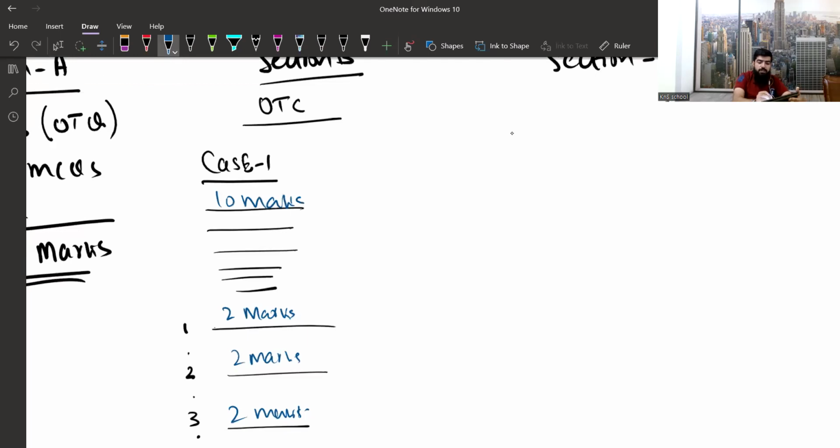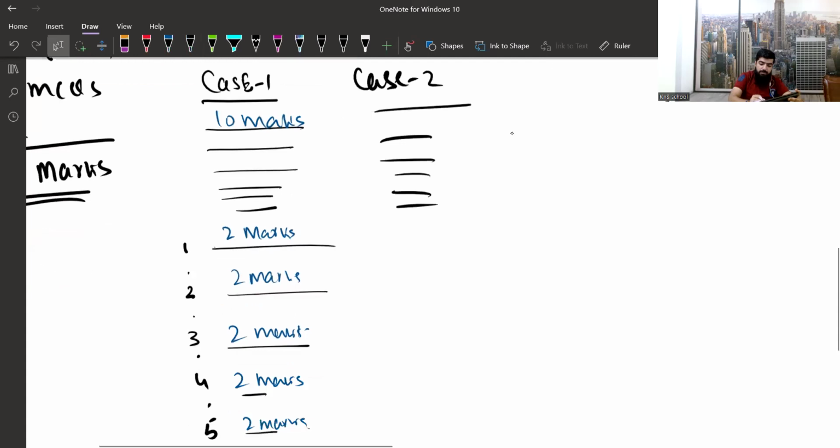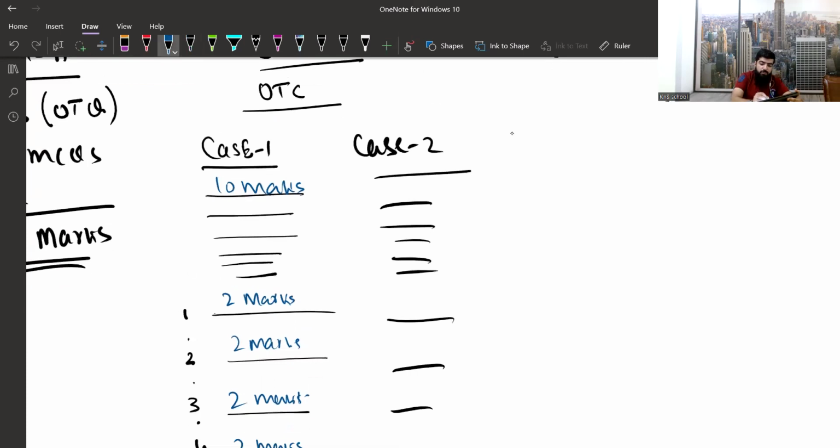The same situation will be for case 2. There will be a scenario and afterwards 5 questions will be tested and each question will carry 2 marks. So in aggregate, the weightage of case 2 would again be 10 marks.